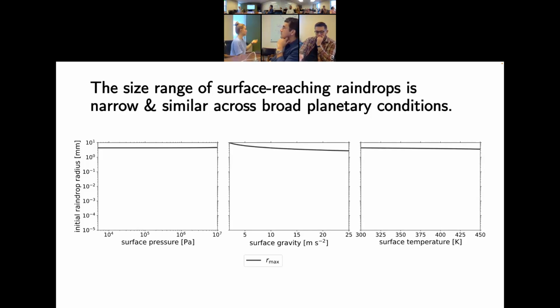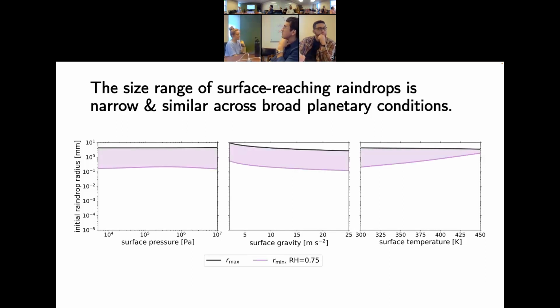The first thing we can do is plot this upper bound on stability, which is fairly similar across these variable conditions. And as Marcus was mentioning, a key dependency is how large a distance you have between the cloud and the surface, which is going to change based on what you assume the surface relative humidity to be.